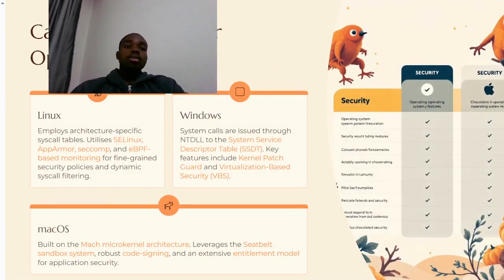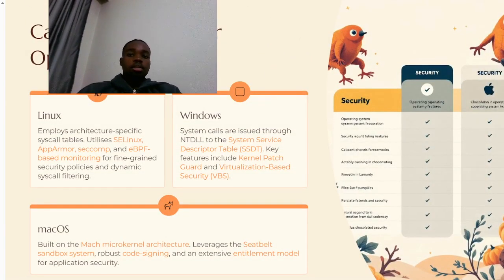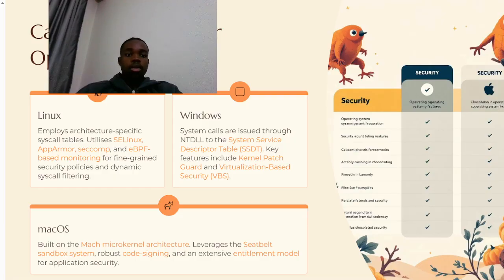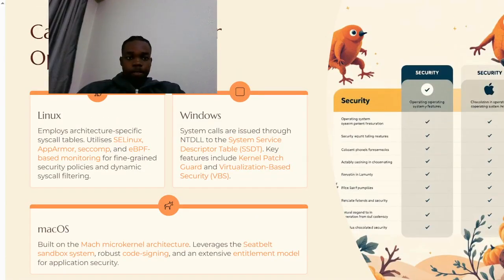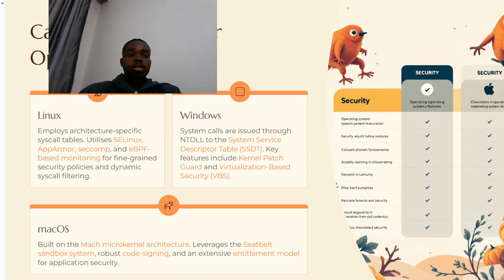Case study in major operating systems. Starting off with Linux. It employs architecture-specific system call tables and utilizes SELinux, AppArmor, seccomp, and eBPF-based monitoring for fine-grained security policies and dynamic system call filtering. Windows.